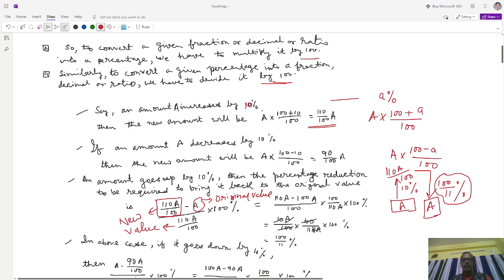You have to practice and need to acquire the skill to evaluate these deductions. Okay.